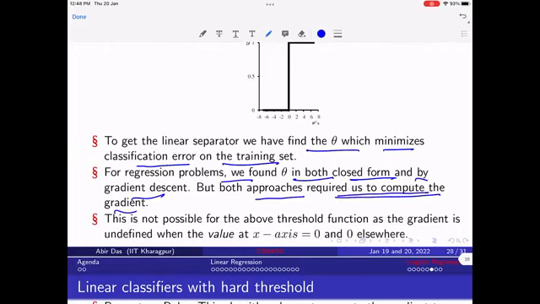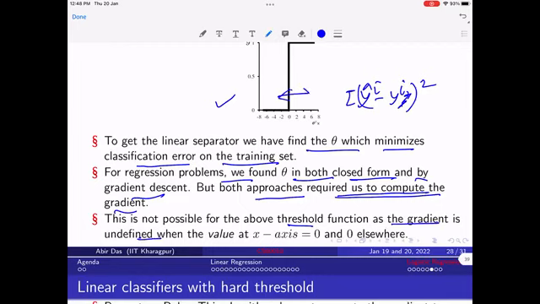How can you compute the gradient of this y hat minus y_i square? Y hat is a function of this threshold function. So this is not possible for the above threshold function as the gradient is undefined.